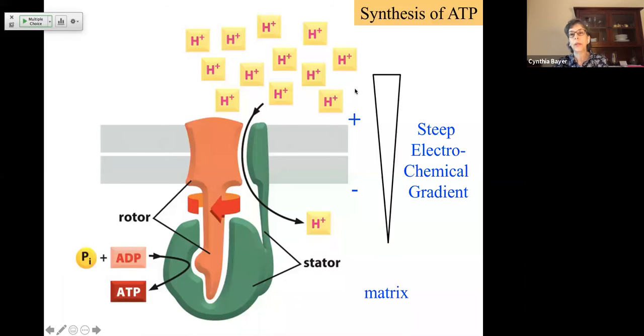Not only do we have a gradient of difference in concentration on both sides of the membrane, but this membrane, of course, has a voltage across it. So we have an electrical gradient as well.